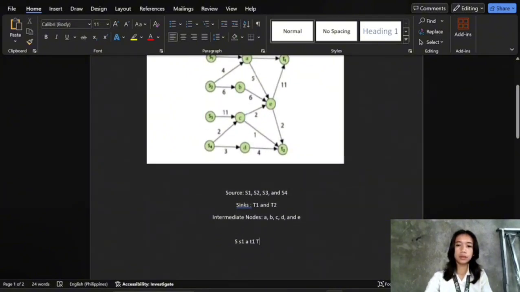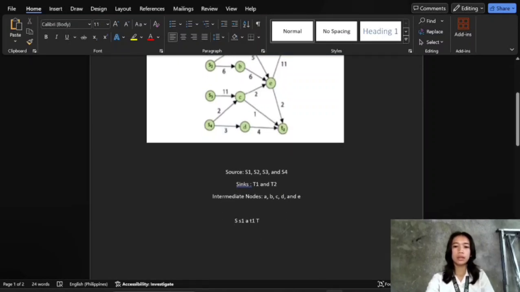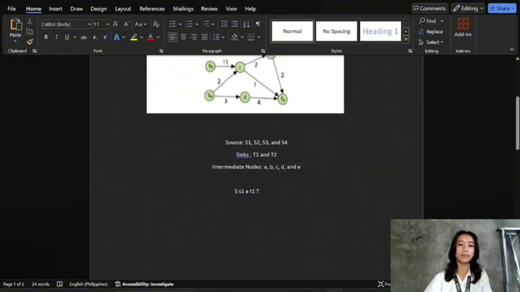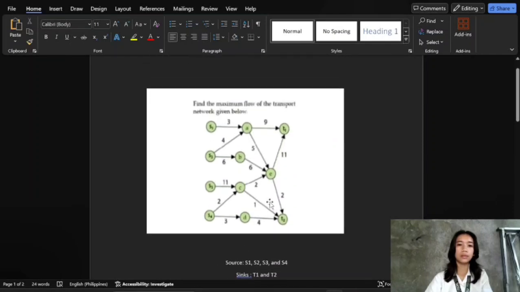So next, we need to calculate step by step the maximum flow based on the edges and capacities shown in the image. So the maximum flow in the transport network is 20. Tama, 20.